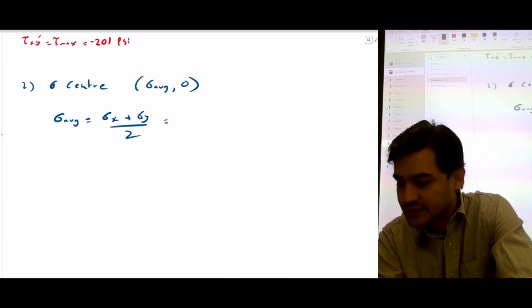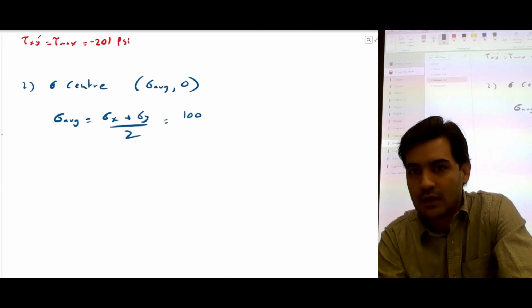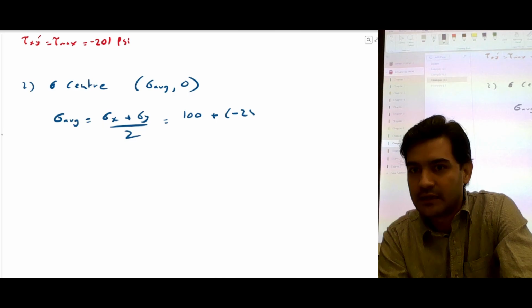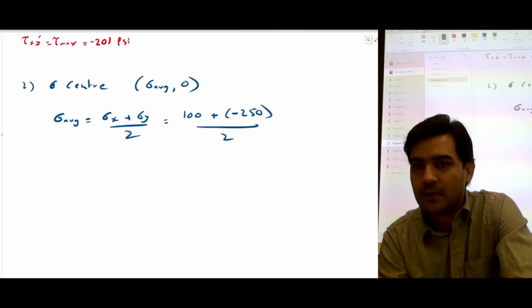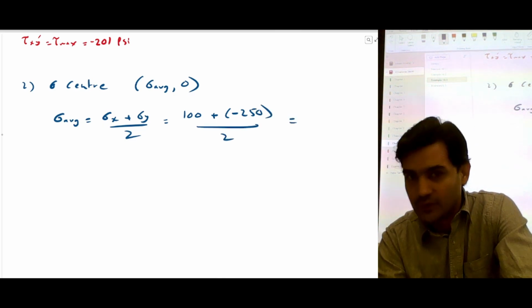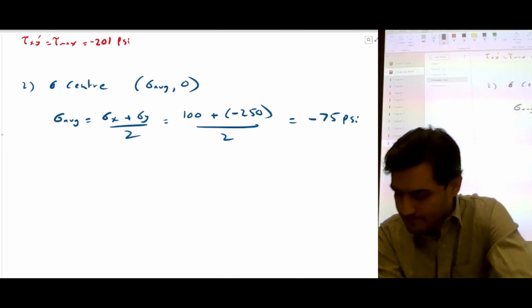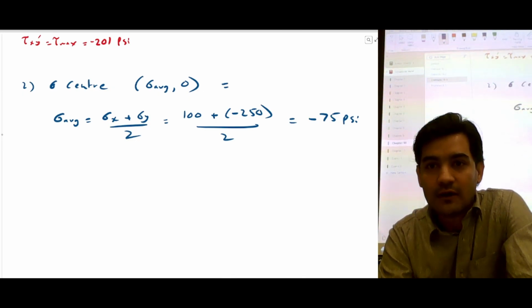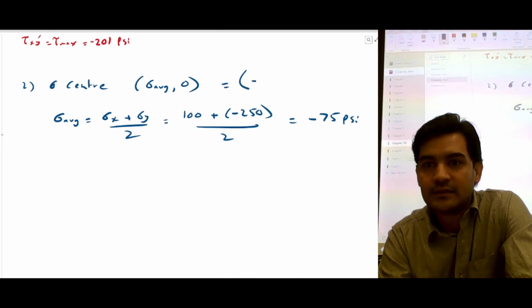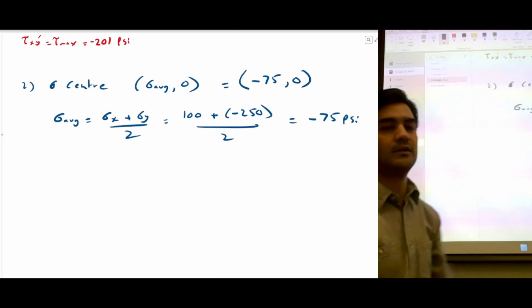Our stress x is 100, and our stress y is negative 250, divided by 2. So if you calculate, you're going to get negative 75 psi. So our center point is negative 75, 0.